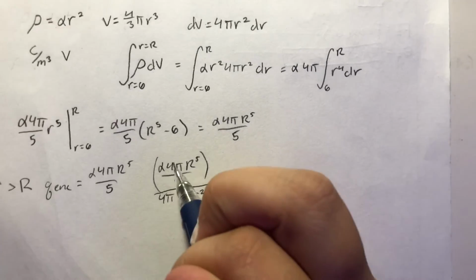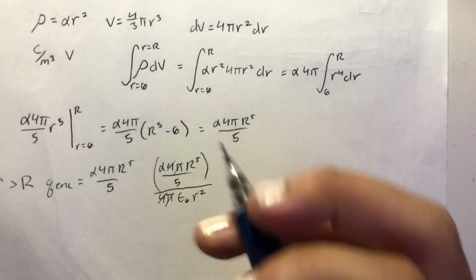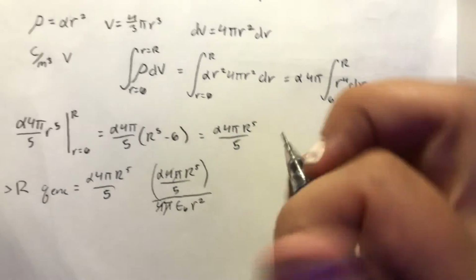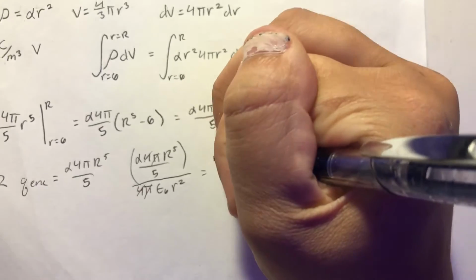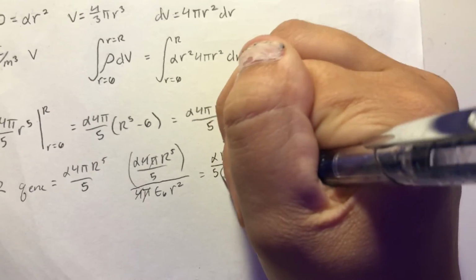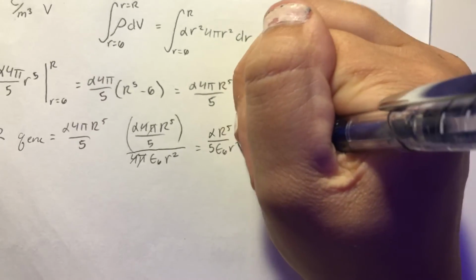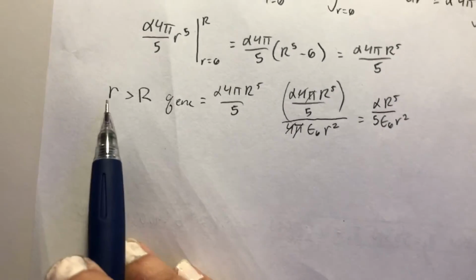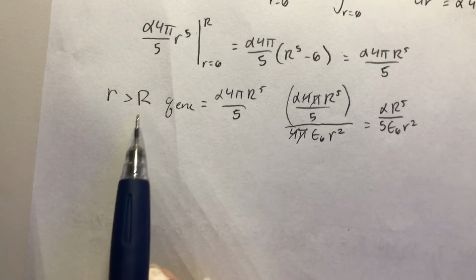And our 4 pi is going to cancel out. Then this is going to simplify to alpha R to the 5th over 5 epsilon naught r squared. But again, that's just when our little r is greater than this big R.